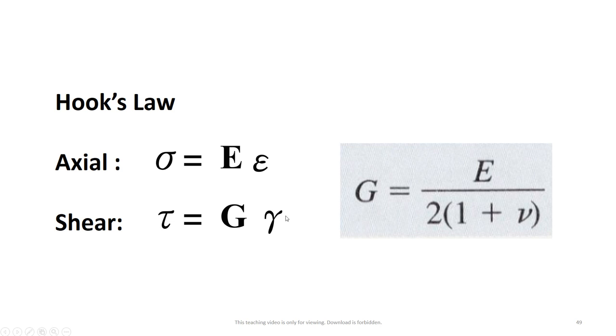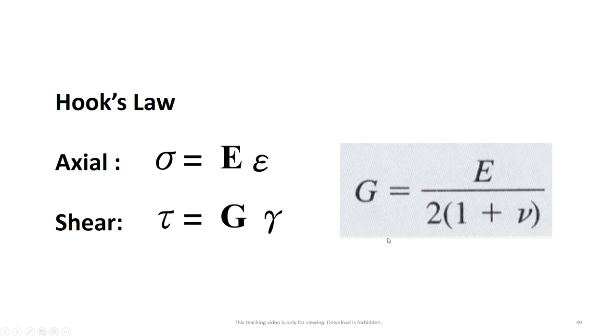And if this is an isotropic material, maybe you will learn if it is a composite material, it is not equal. But if an isotropic material, these two values have a relationship. Shear modulus equals Young's modulus divided by 2 times (1 plus Poisson ratio). I remind you, if the material is an isotropic material, it follows this relationship.